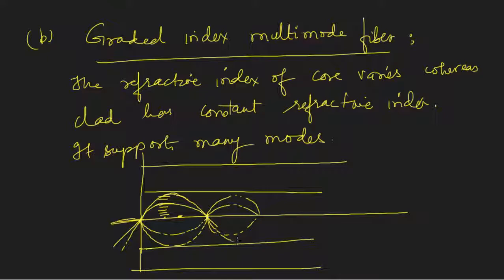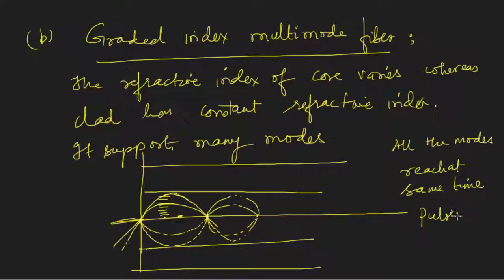So in principle, in graded index fiber, all the modes reach at the same time at the other end of the fiber, due to which pulse dispersion is greatly reduced in graded index fiber.